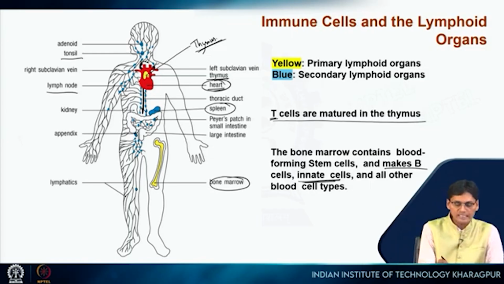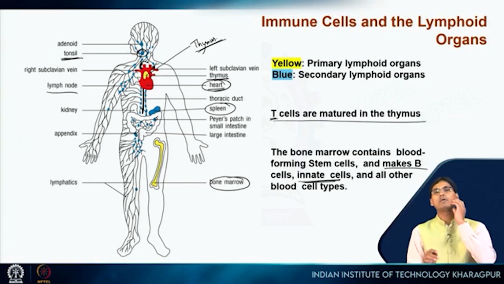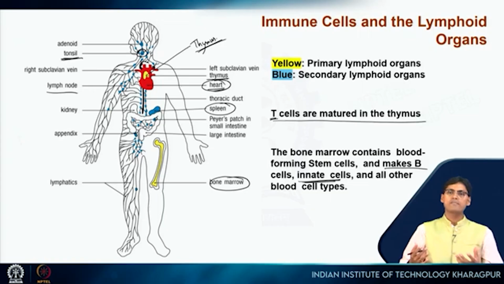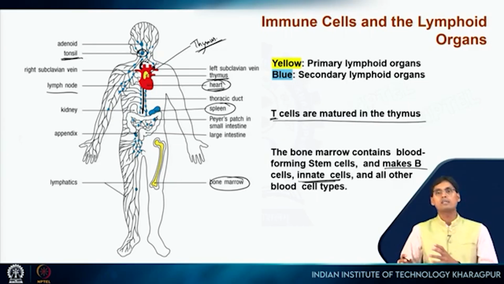Particularly I would like to highlight, for example, the tonsil. As you can see, the tonsil gland is present somewhere here. When someone is suffering from fever for a long time and goes to a doctor's office, you will see that the doctor tries to check by pressing somewhere here whether the tonsil gland is swollen or not.